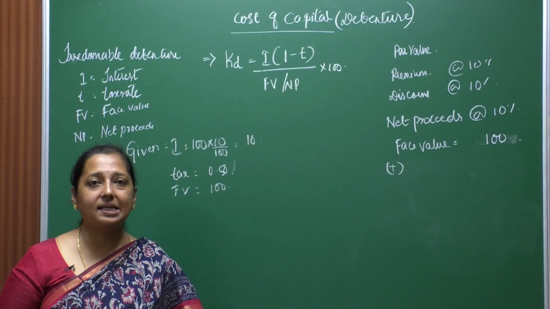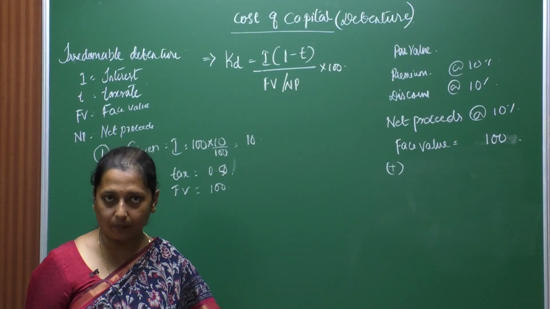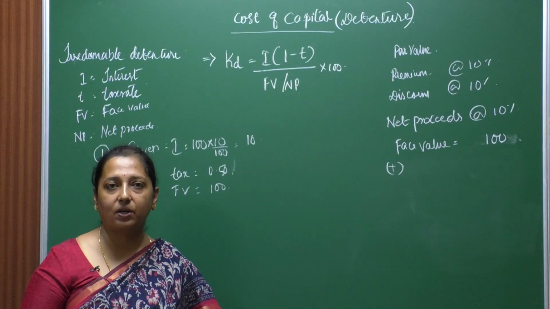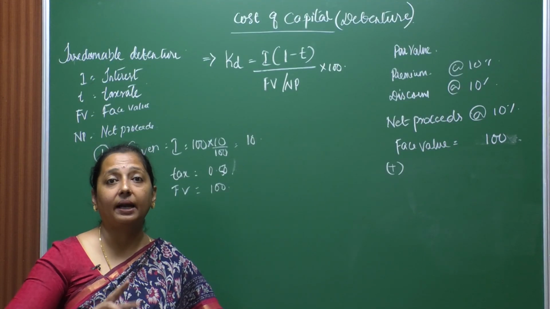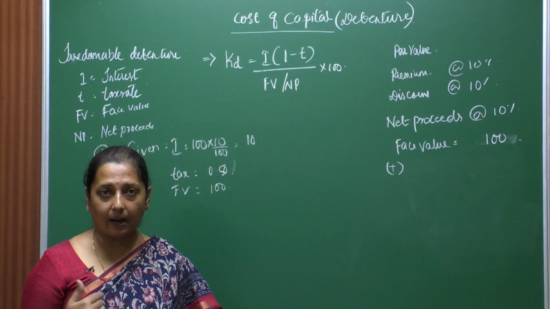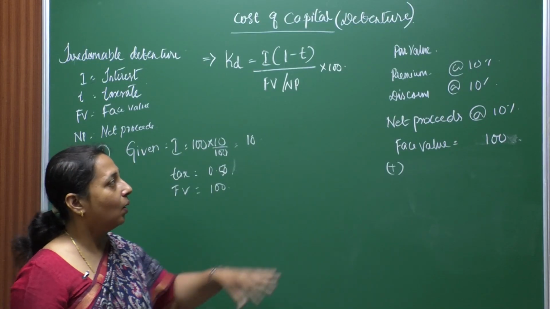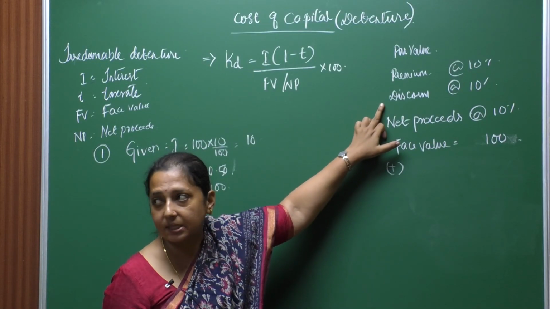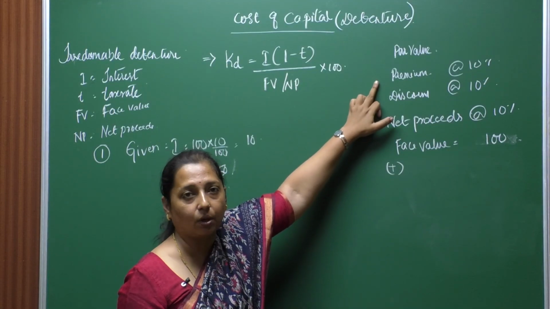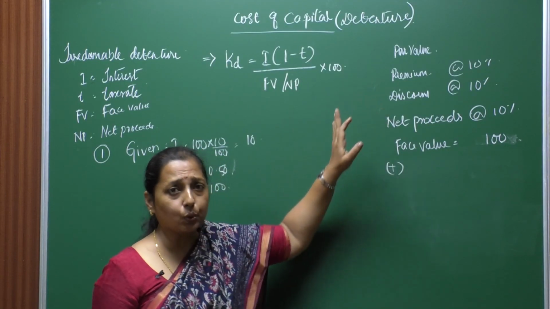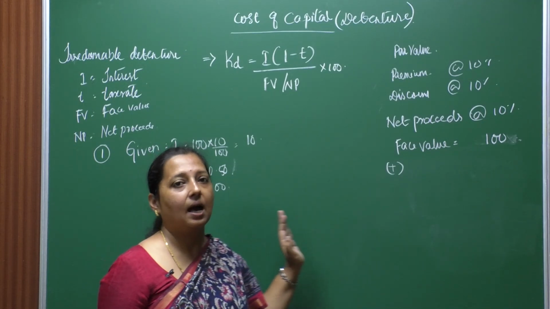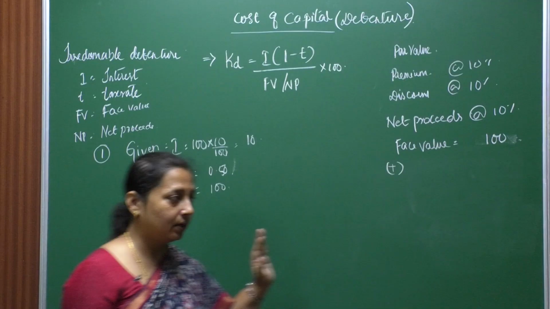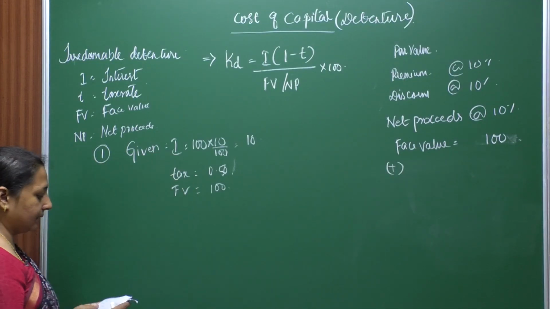So, I am selling the debenture at face value, and I will be doing it by two methods. One is at a 10% discount and another is at a 10% premium. So, we have to calculate two methods, one for the discount method and another for the premium method. So, this is the given. Let us start.